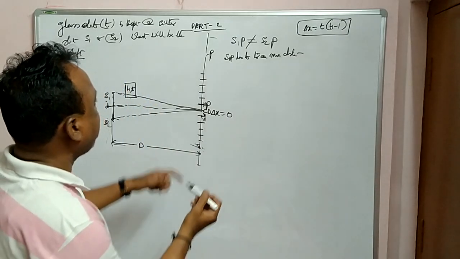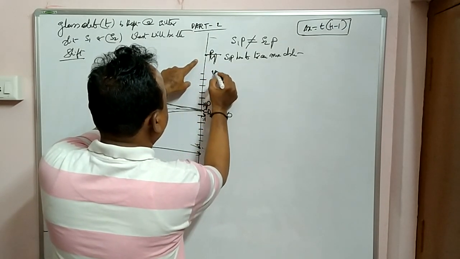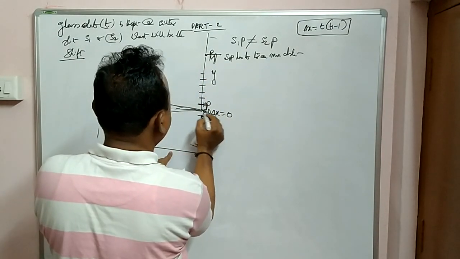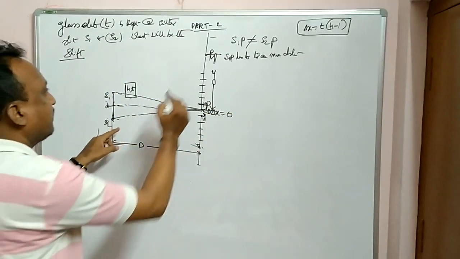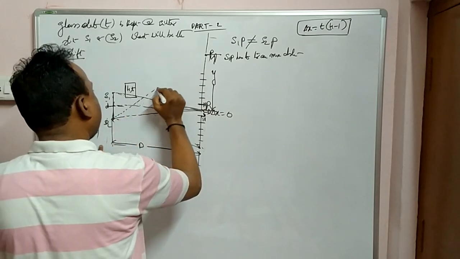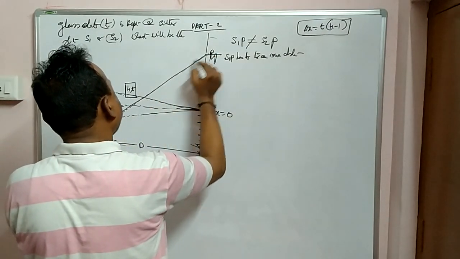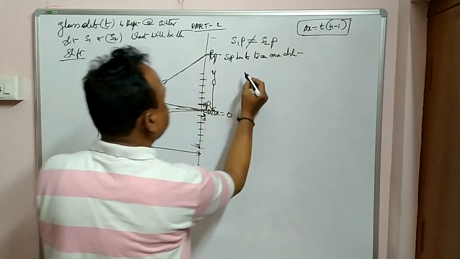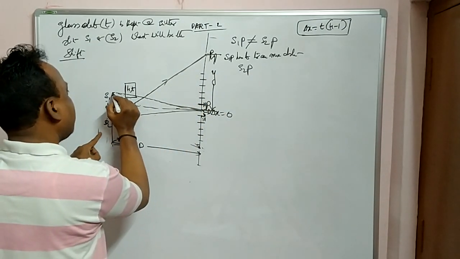Suppose this band has shifted to here, let this distance be some y from the central band position. Now if it shifts here, be careful, this is the light ray. So now this is the S2P distance, and what about S1?